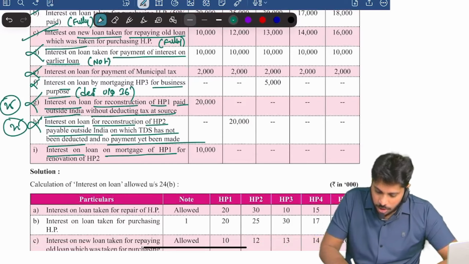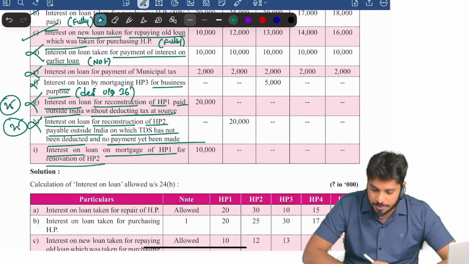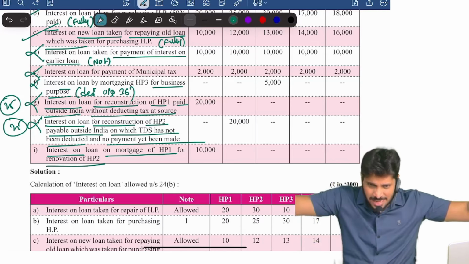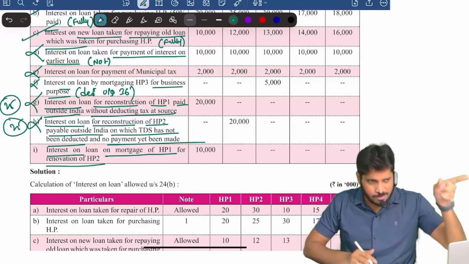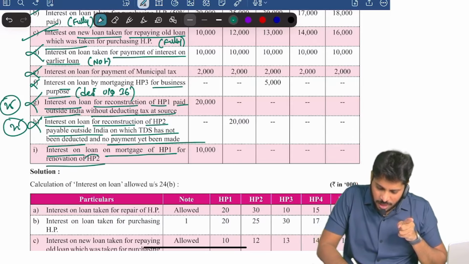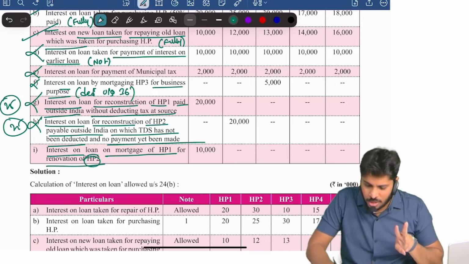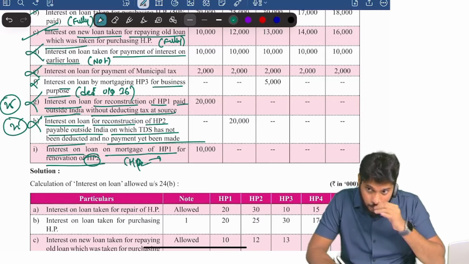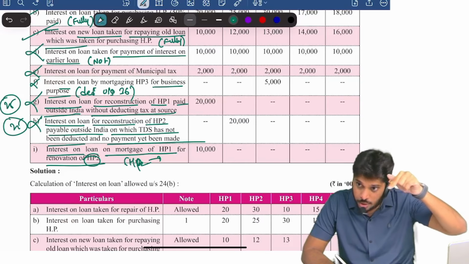Interest on loan on house property 1 mortgage for renovation of house property 2. Yes, which property you gave as security doesn't matter. Okay, I borrowed a loan here. Ultimately, for what purpose? I'm renovating house property 2. You can claim deduction for this under house property 2. House property 2, you will compute income, right? For that only you used the loan, right?